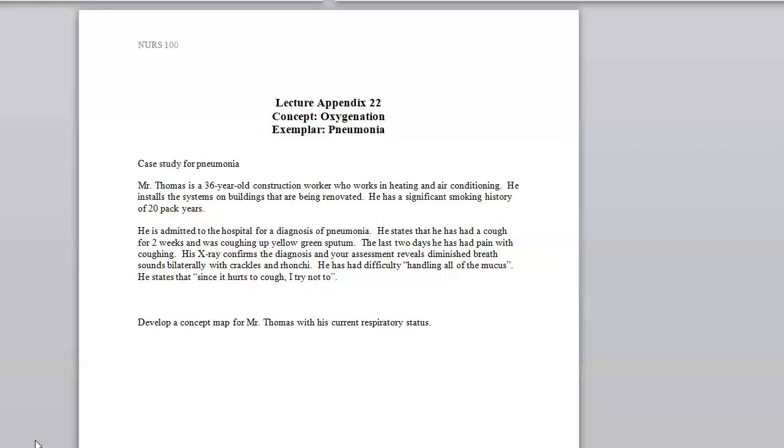Think about this. This man is only 36 years old, and we can look at what his risk factors are. He's been smoking a long time, so he probably has the beginnings of COPD, and he's around a lot of materials related to heating and air conditioning.